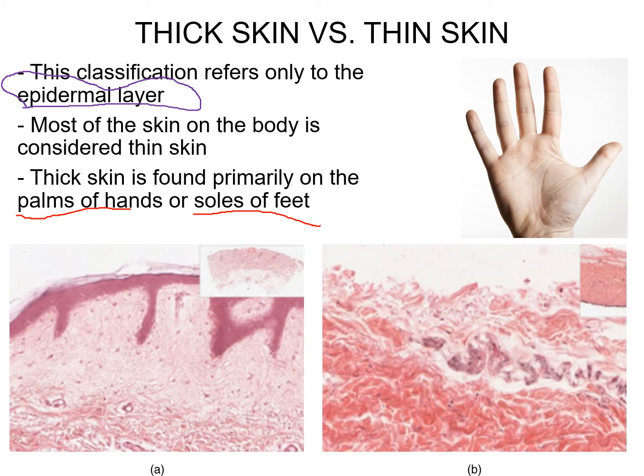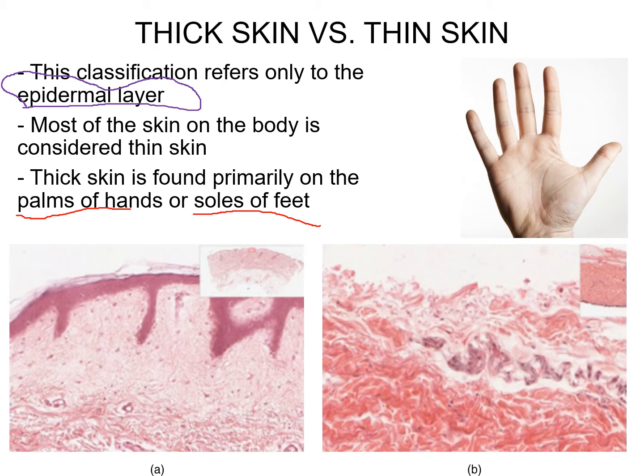So it's pretty cool that we're designed to have this extra layer of protection in those areas so we can handle work and stresses such as that. Everywhere else in the body, like I said, knee, shoulder, neck, belly, back, whatever, is going to be considered thin skin. Hands and feet are going to be your thick skin.